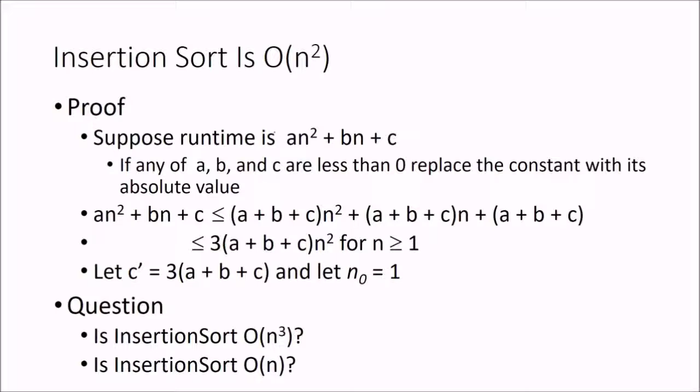Suppose the runtime is a n square plus b n plus c. Now we have come to the actual functions g and f, and let's assume it to be a n square plus b n plus c, and a, b, c are greater than 0. Replace the constants with their absolute values; we are not worried about the constants. So this function a n square plus b n plus c will always be less than or equal to (a plus b plus c) n square for all n greater than or equal to 1.